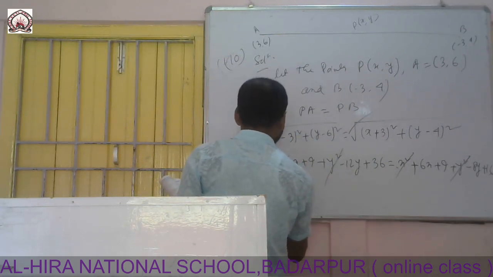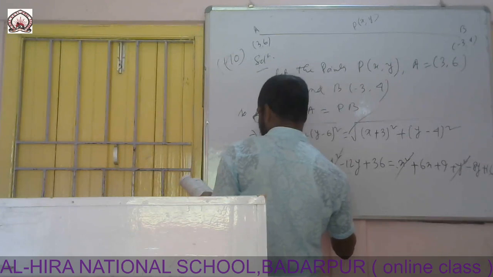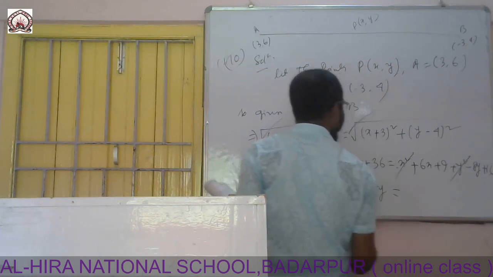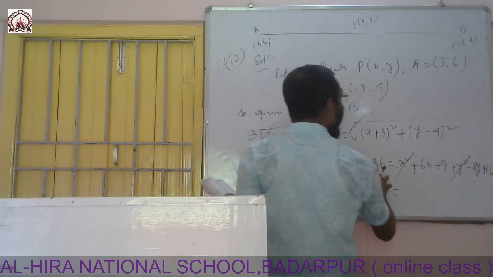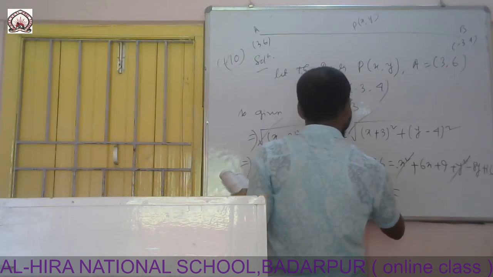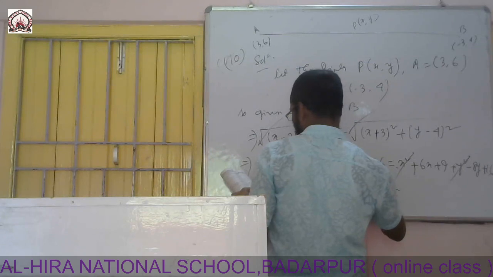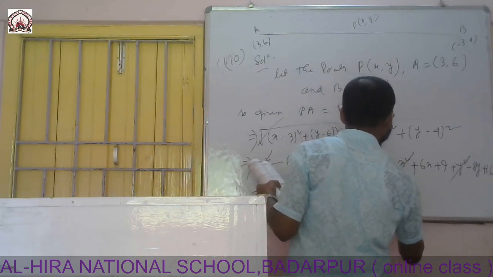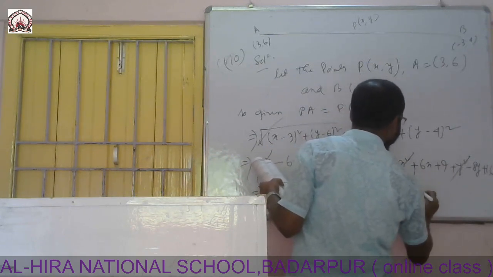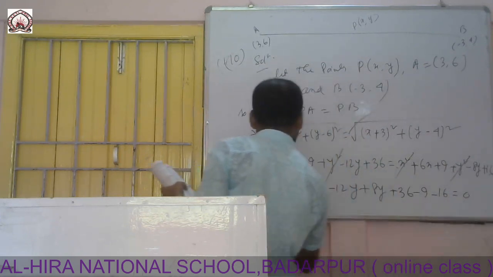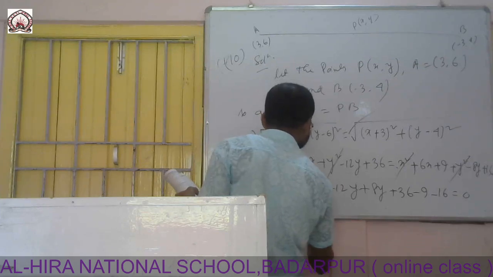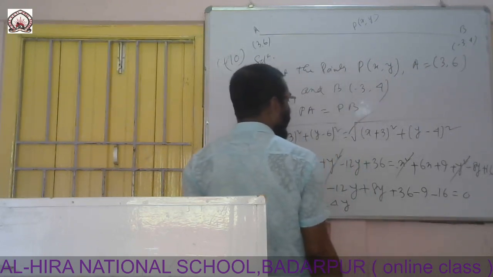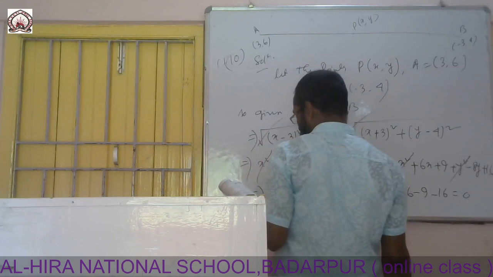So we are getting minus 6x minus 6x, which is minus 12x, and minus 12y plus 8y, which is minus 4y. Here 36 minus 16 is 20.